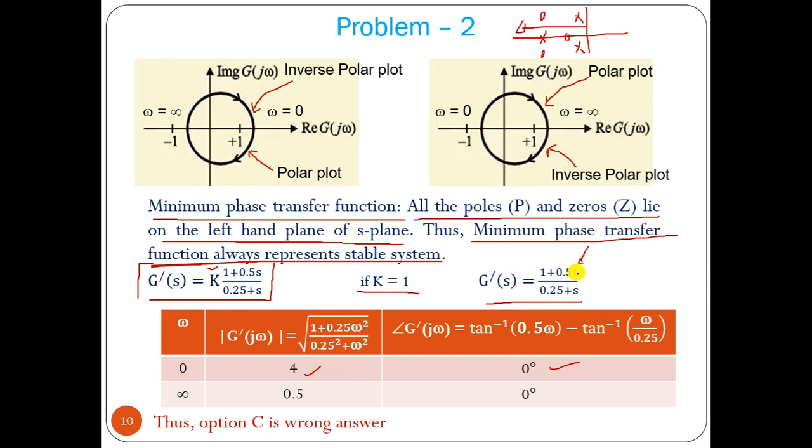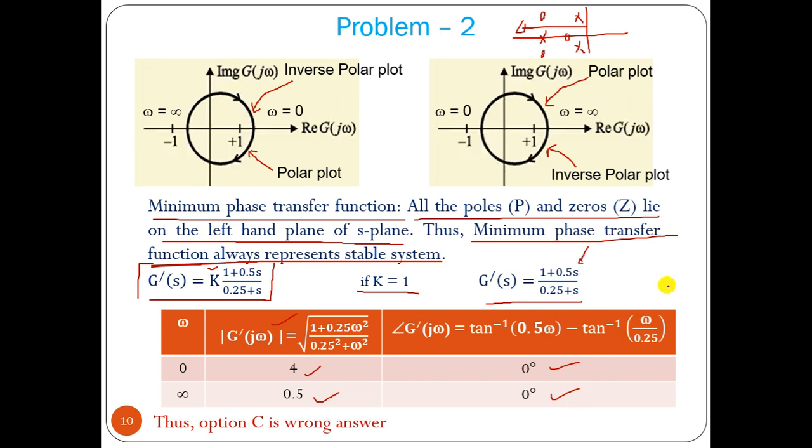Now if we put omega to infinity, we can take omega square as common, and the magnitude will be 0.5 infinity by infinity, so 0.5. The angle, at omega equal to infinity, will be 90 degree minus 90 degree, so it will be 0 degree.